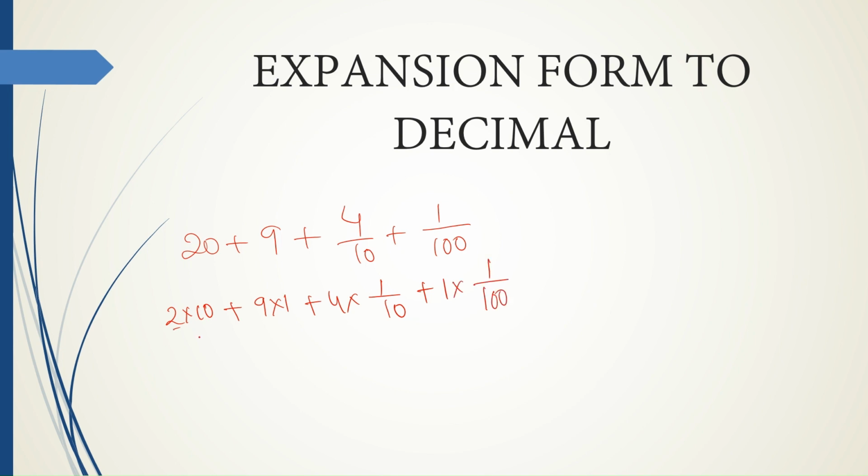The 2 is in tens place and in ones place we have 9. After ones place is the point. Tenths place is 4 and hundredths place we have 1. So this value is nothing but 29.41.